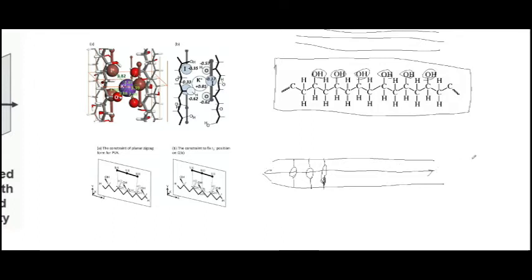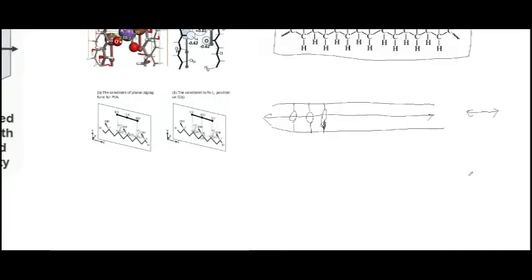So if you stretch your PVA so that it's like this, then it will only let light that is polarized in the left and right direction like this.